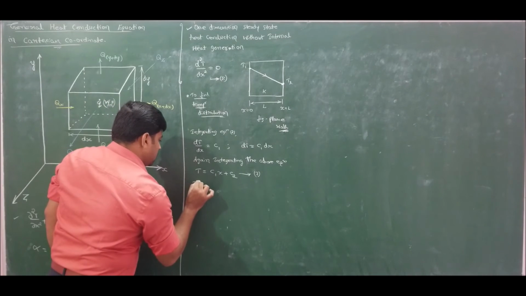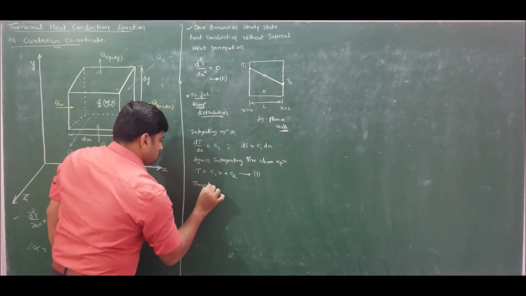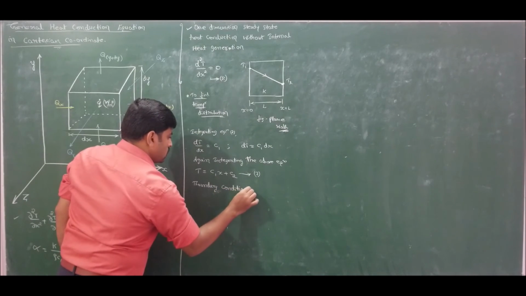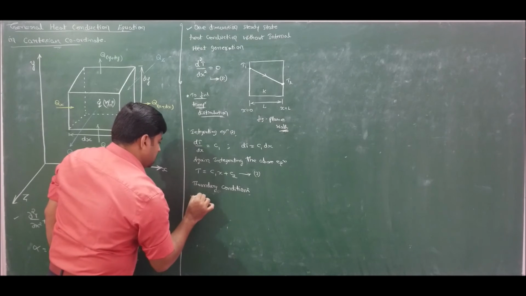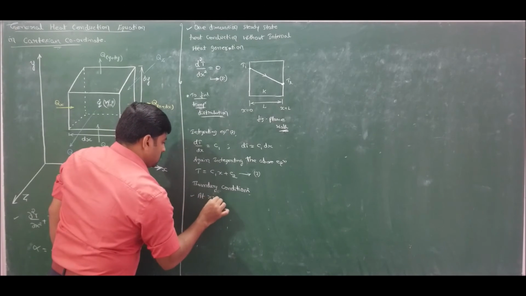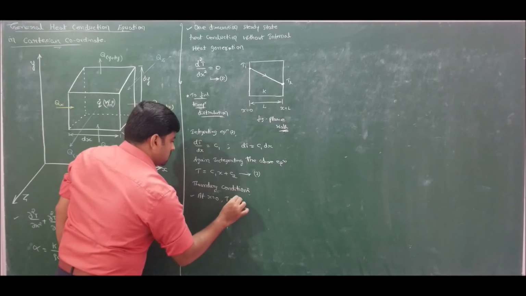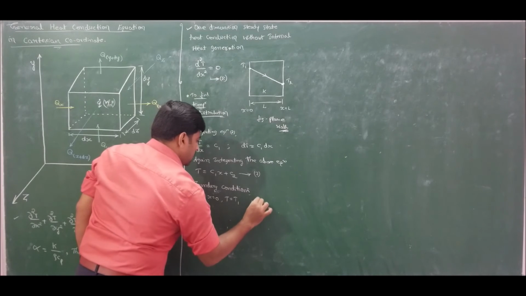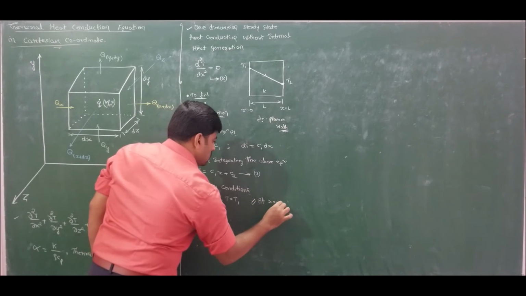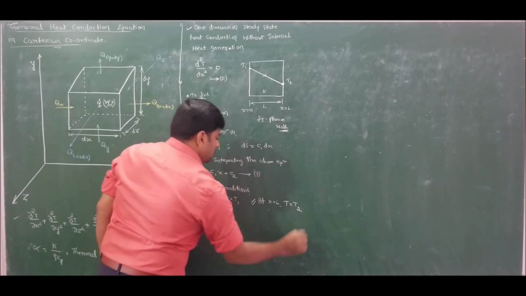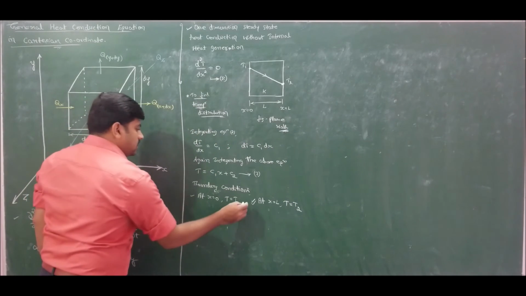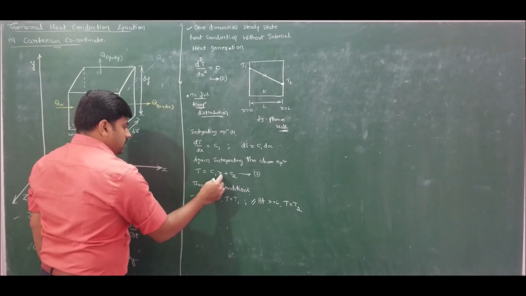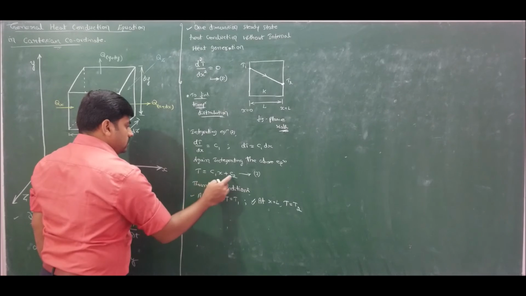We have the boundary conditions. The first boundary condition is that at x is equal to 0, we have temperature T is T1. The second boundary condition is that at x is equal to L, temperature T is equal to T2. Now from the first boundary condition, if I substitute into equation 3, we put x is equal to 0, so therefore T1 is equal to C2.